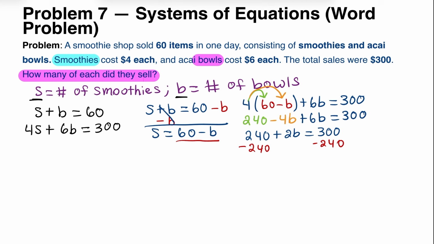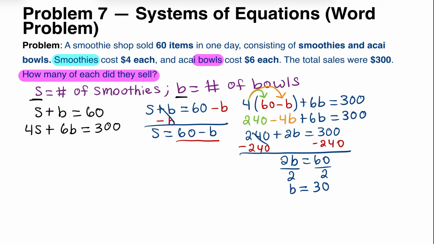And notice that we have 2B equals 60. Now we can solve for B by dividing by 2, and we get B equals 30.